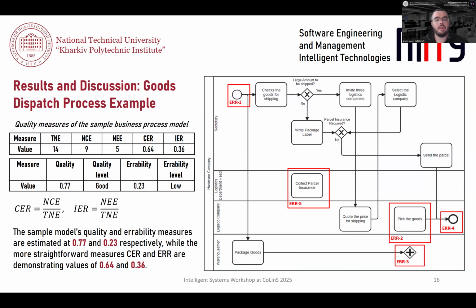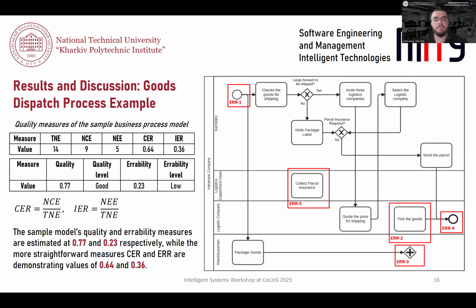And we can conclude that the sample model's quality and errorability measures are estimated at 0.77 for quality and 0.23 for errorability, respectively, while compared to the more straightforward measures like the number of error elements and the number of correct elements and incorrect elements, as we denoted here as CER and IER, they demonstrate values of 0.64 and 0.36, being more rough and not taking into account any weights of different BPMN element types, as we have previously calculated using the SATIS pairwise comparison procedure.